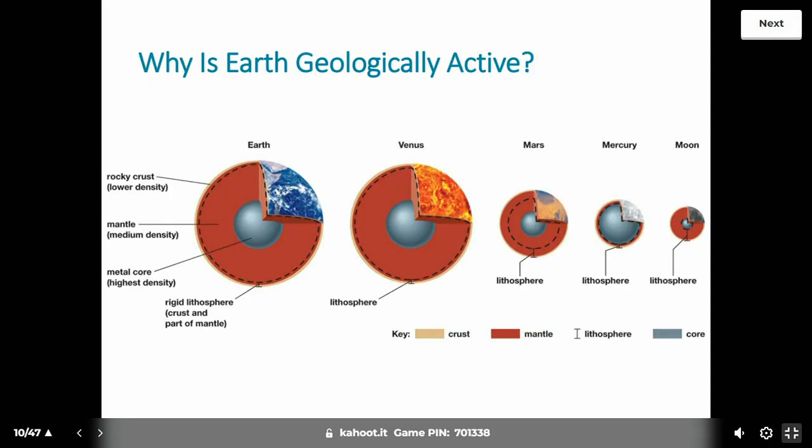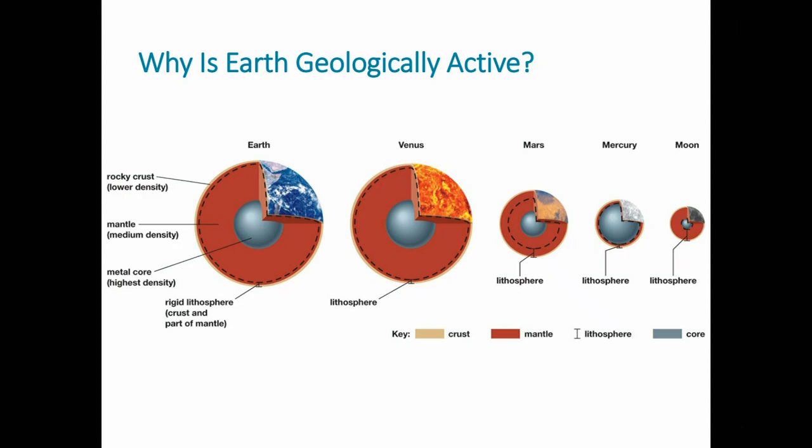If you look at the cross-section of each of the planets and the moon, you'll see vaguely similar features. There's going to be some type of metallic core at the center of all of the inner solar system objects. Where it differs is what's outside of the core. For Earth, Venus, and a bit of Mars, there is a mantle that is not completely hard.